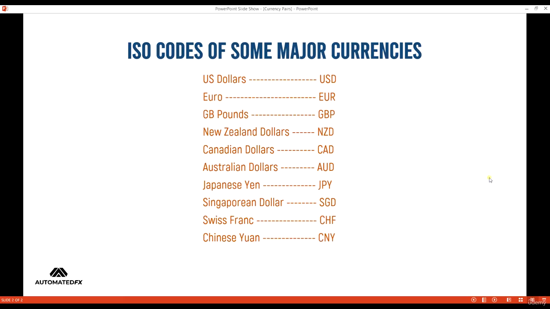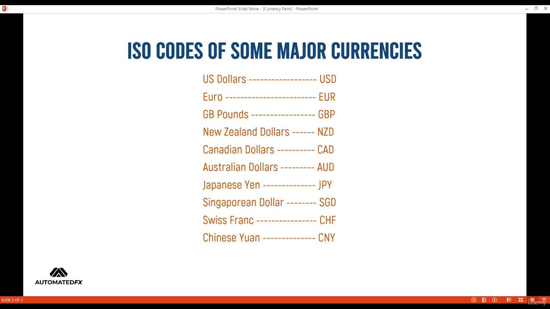Here I've listed some ISO codes of some major currencies: the US dollar, which is USD; the euro, which is EUR; the pound, which is GBP; the New Zealand dollar, NZD; the Canadian dollar, CAD; the Australian dollar, AUD; the Japanese yen, JPY; the Singaporean dollar, SGD; the Swiss franc, CHF; and the Chinese yuan, CNY.